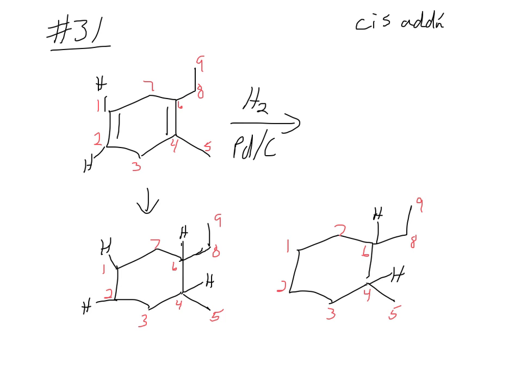So in one case, we could have them both be wedges, and that means the other thing's hatched. Or in this case, the H's would both be hatched, and the other pieces would be wedged. So you get a 50-50 mixture of both of these. 50% of this, 50% of this.